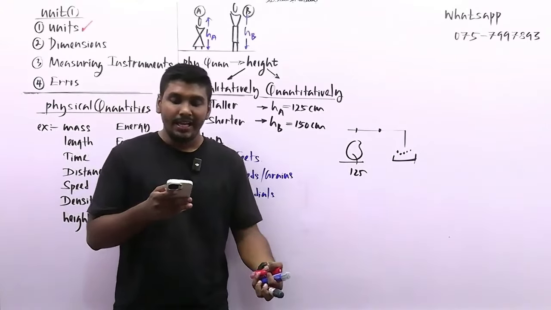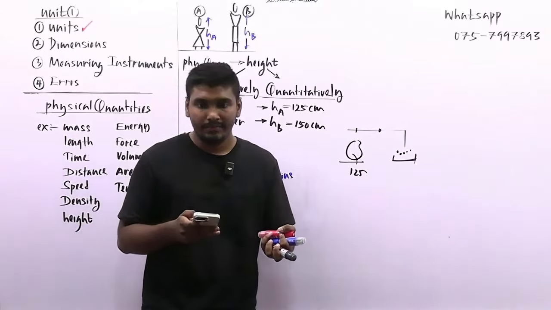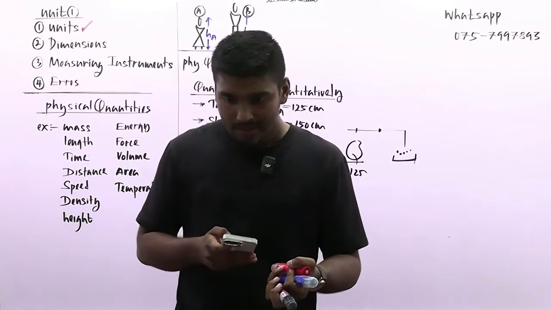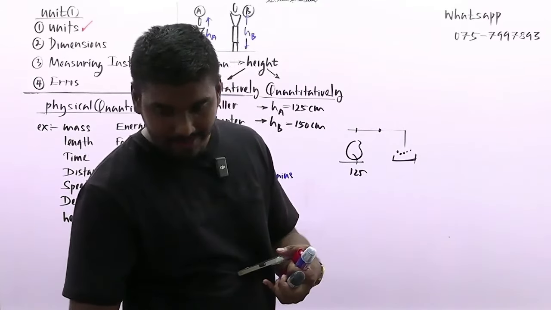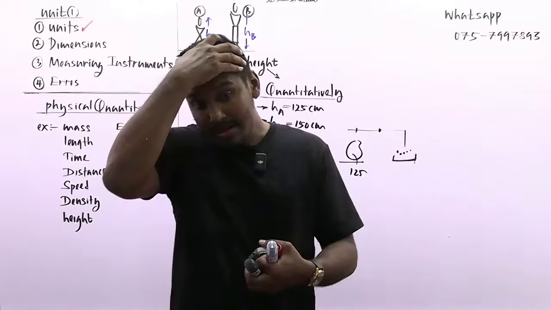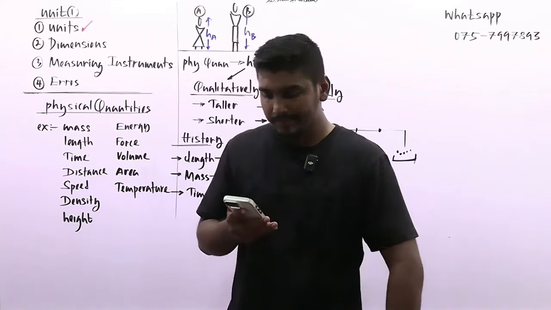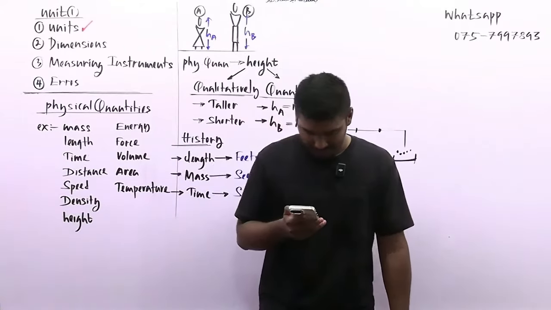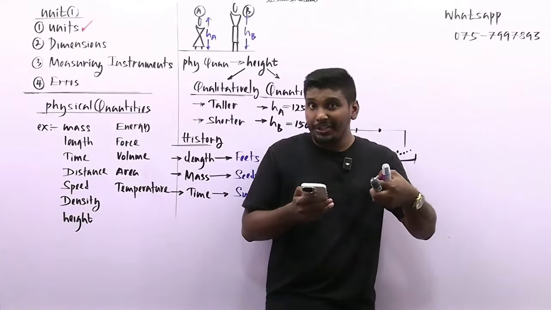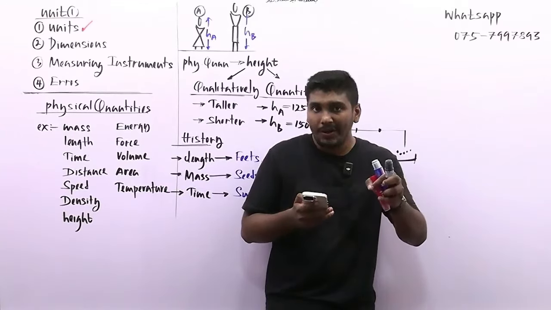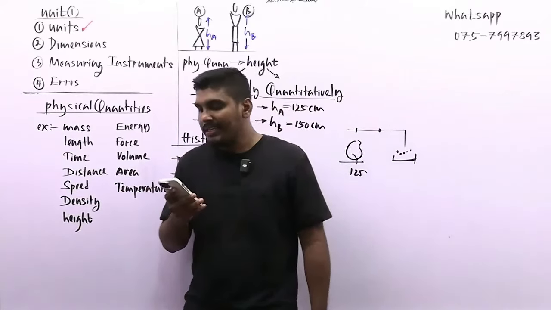But if you say 5 meter, comma, the quantity is clear.